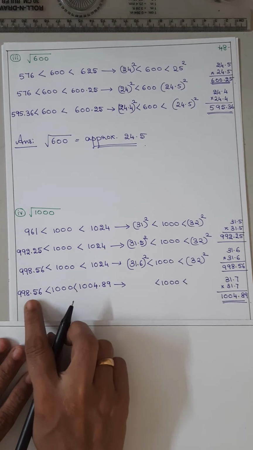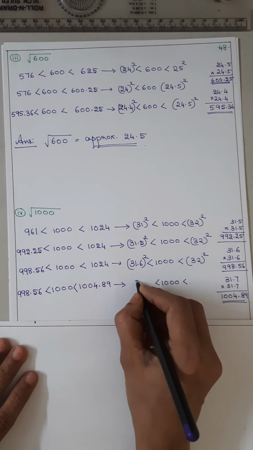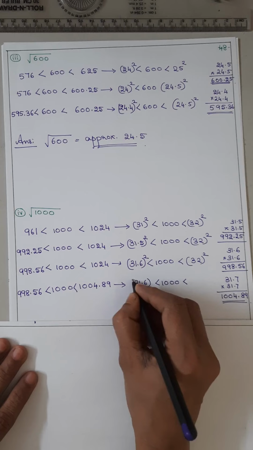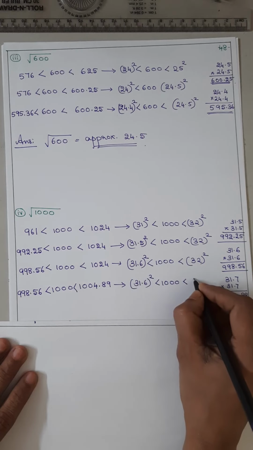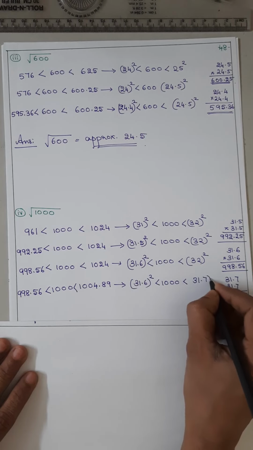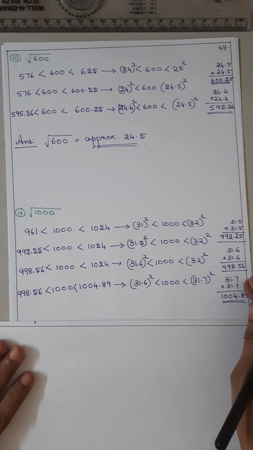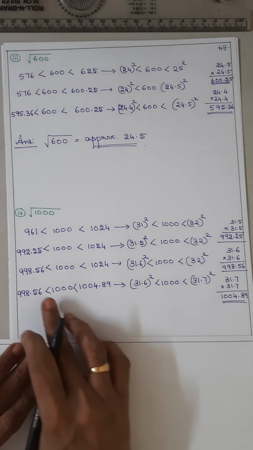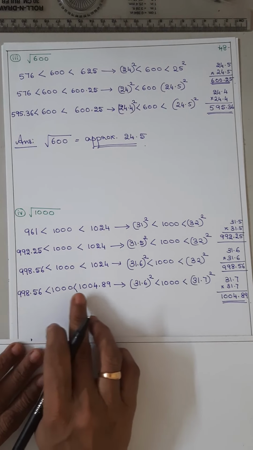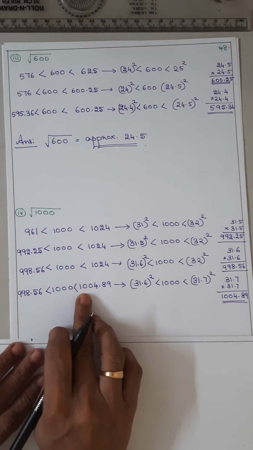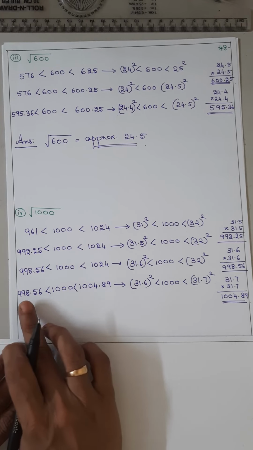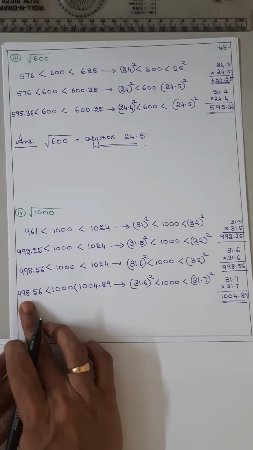998 is of 31.6 square and 31.7 square. Now you check which is near. So 998 and 4. 998, this one will be nearer, isn't it?